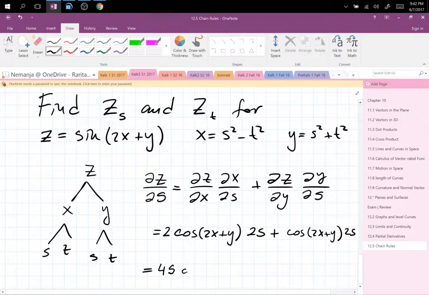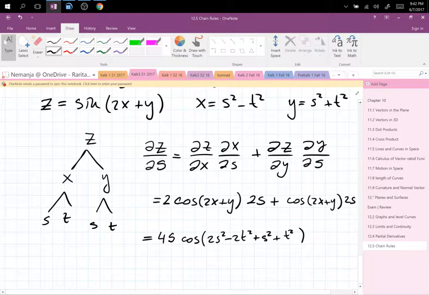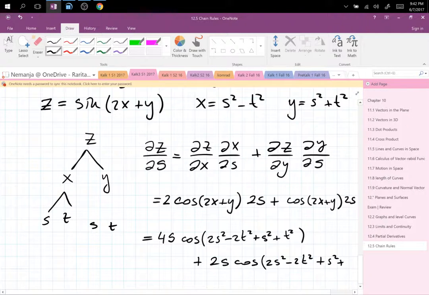For s cosine 2x, that's going to be 2s squared minus 2t squared plus s squared plus t squared, plus 2s cosine of 2s squared minus 2t squared plus s squared plus t squared.